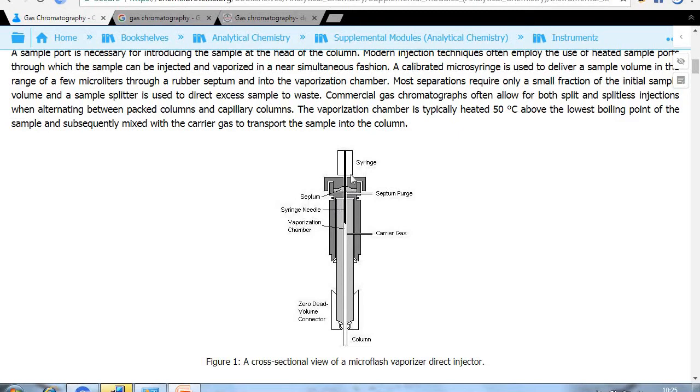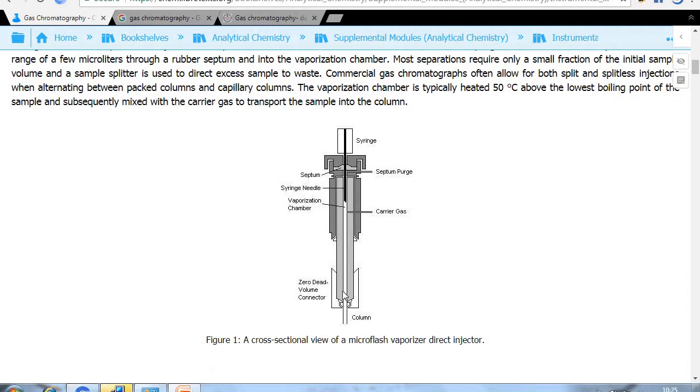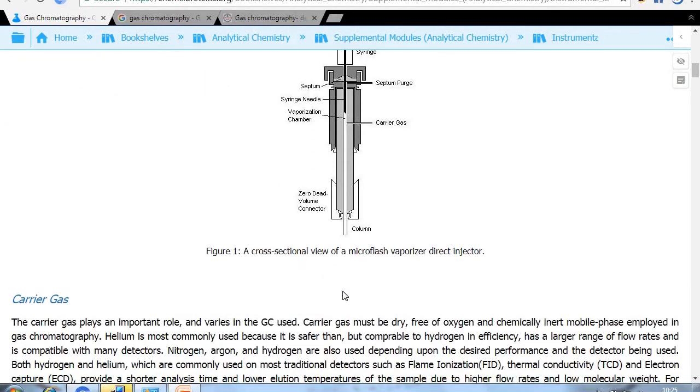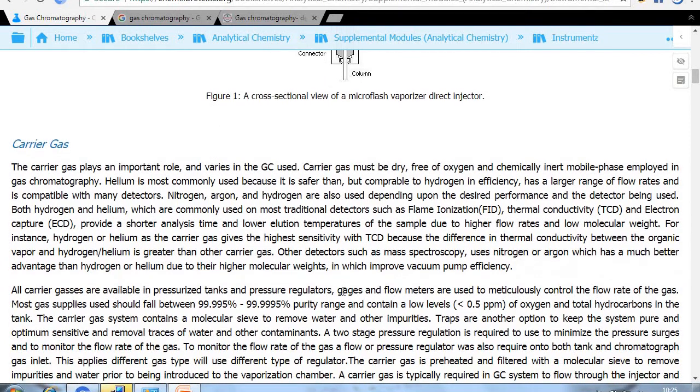In the sample injector, you have a syringe, the septum, the syringe needle, and the carrier gas point. Finally you have the column, where the sample and the column meet. The next part is the carrier gas.